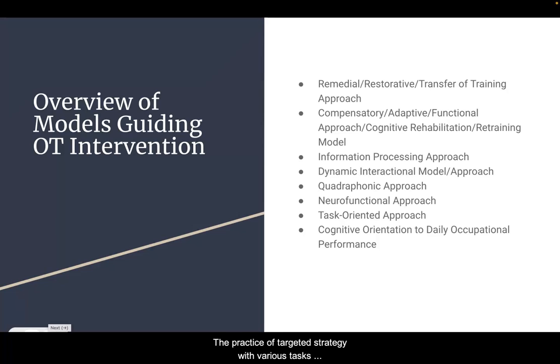It involves practice of a targeted strategy with various tasks and situations, so it's multi-contextual. It emphasizes metacognitive skills, so it requires self-awareness of strengths and deficits as the basis of learning and generalization of learning. The transfer of learning must be taught from one situation to the next and does not occur automatically. So the therapist is actively engaged in this process.